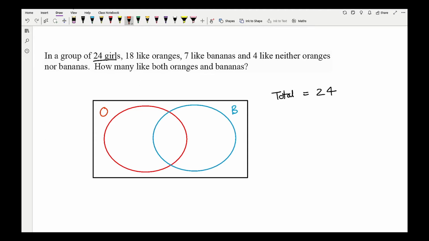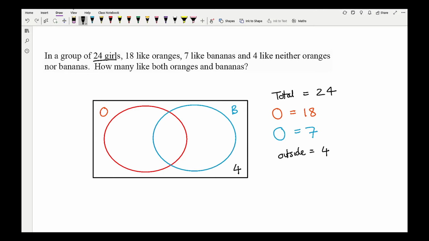So the oranges must add up to a total of 18, and the blue circle for bananas must add up to 7. It also says neither, so the number outside must add up to 4. So filling in the numbers, I've got 4.